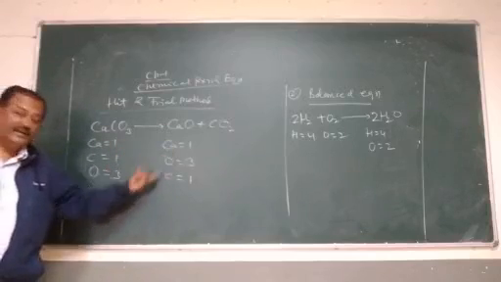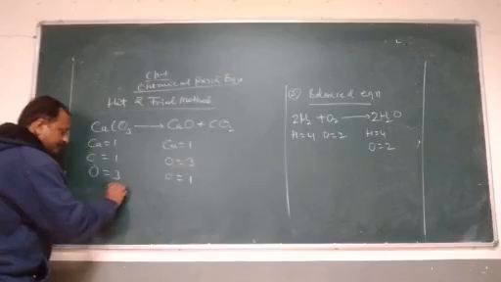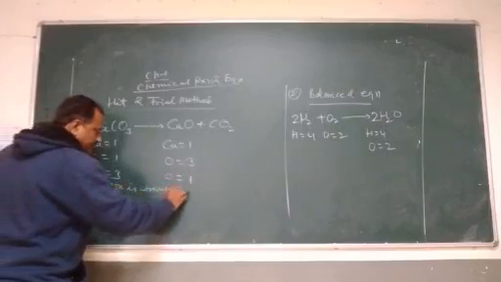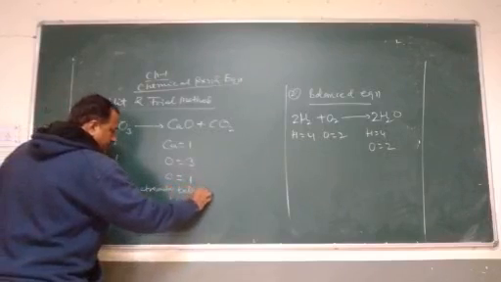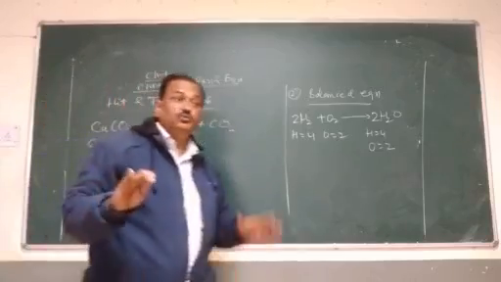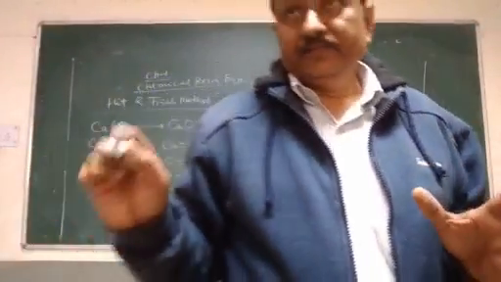So simply we have to write down, and the equation is already balanced. So simply this is nothing. There is no rule. There is no specific condition.